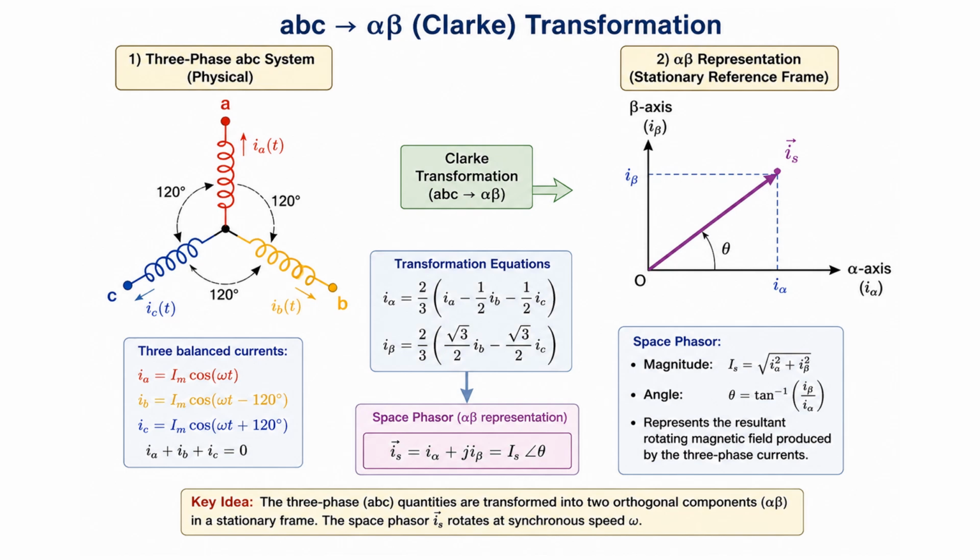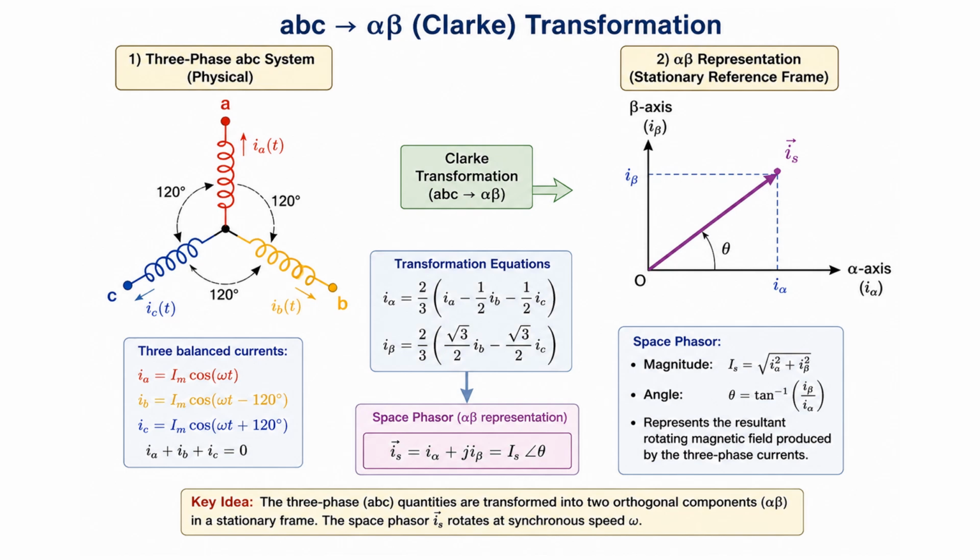Means we are transforming this IA. We have to take the component vectors of IA, IB, IC onto I alpha and I beta, so that we can get this equation.